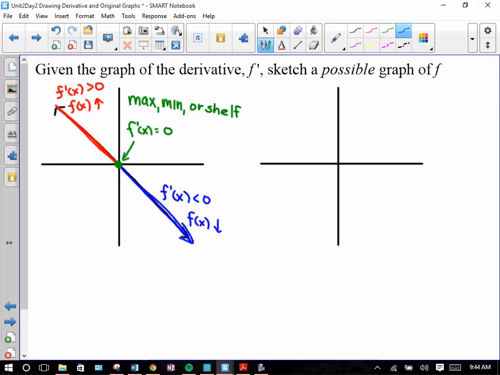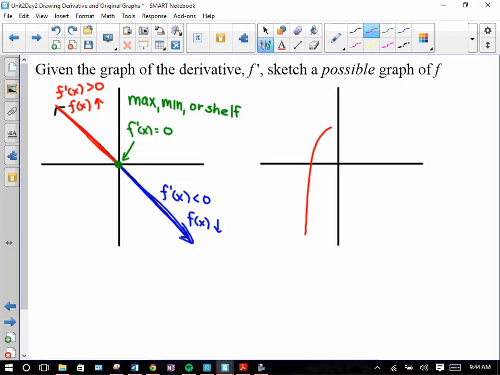It's increasing, right? It needs to start decreasing at x equals 0. So we know from negative infinity to 0, this function is increasing.